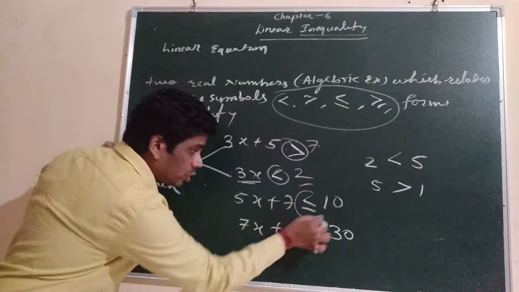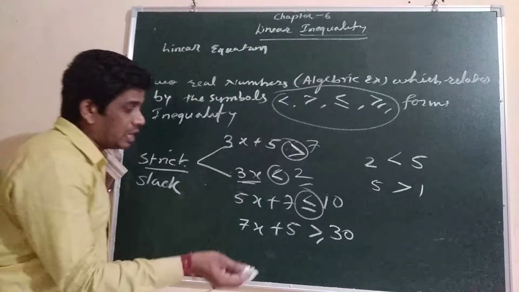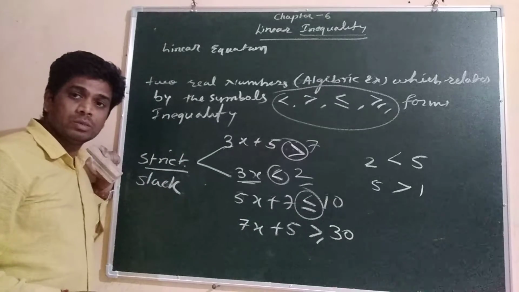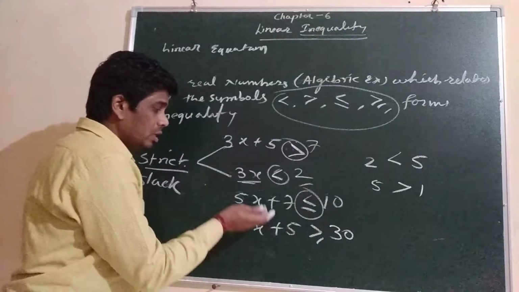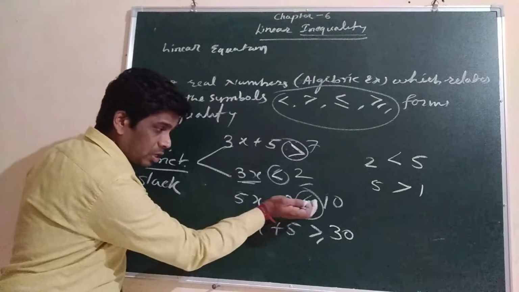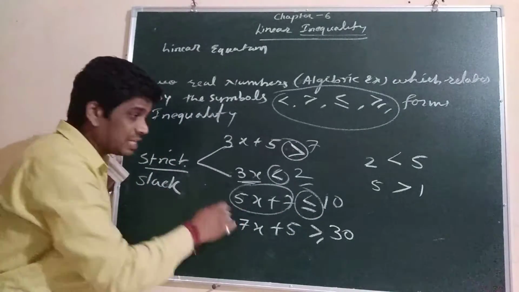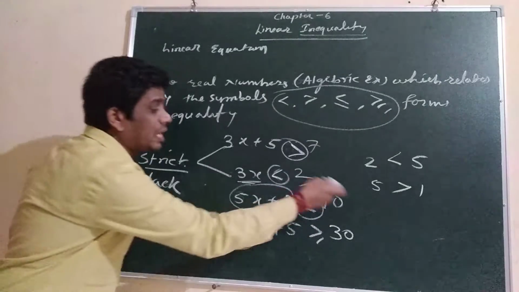And where both are given, means with the less than there is an equal to sign also given. It shows that the value of this will be less than 10 or it will be equal to 10 also.